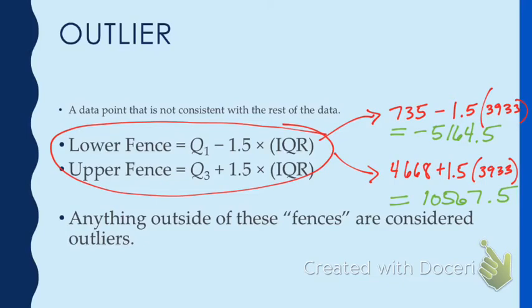10,567. So to make my box plot from this data, basically, do I have any values? So here's the negative 5167, and here is the 10,567.5. Do I have any values that are less than negative 5,000?